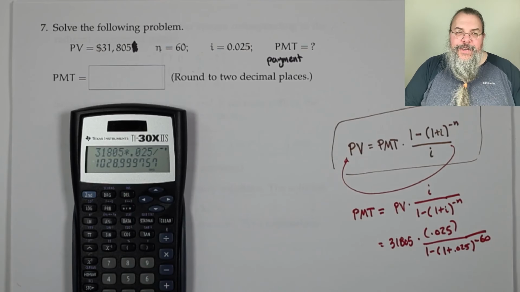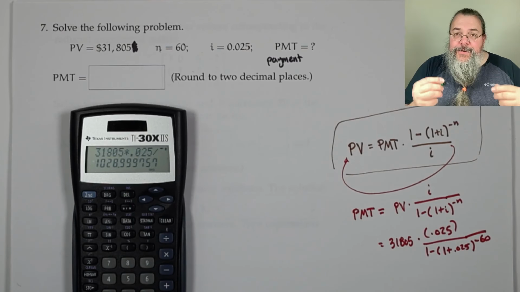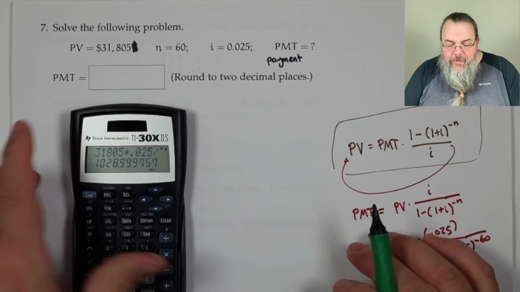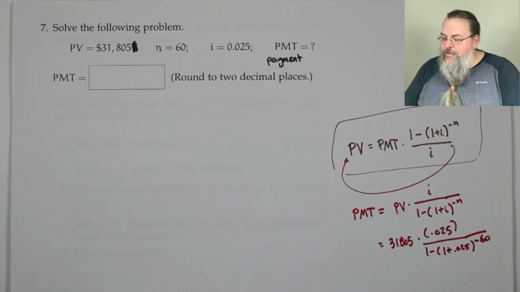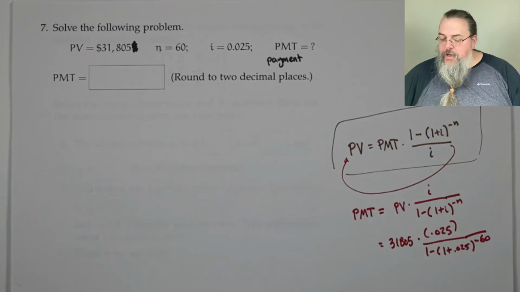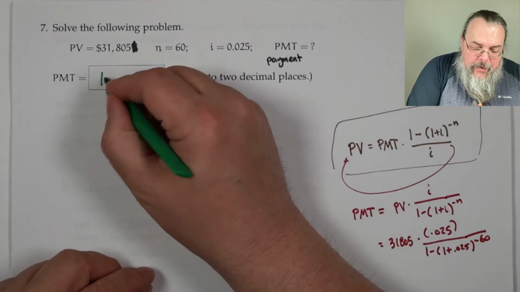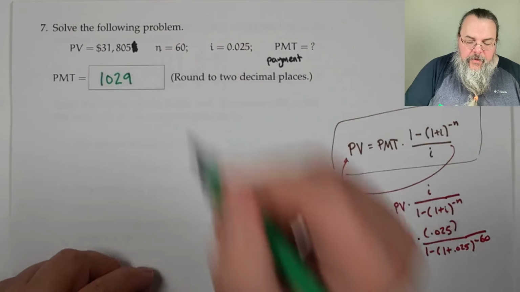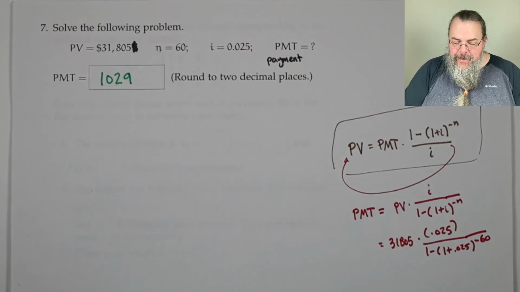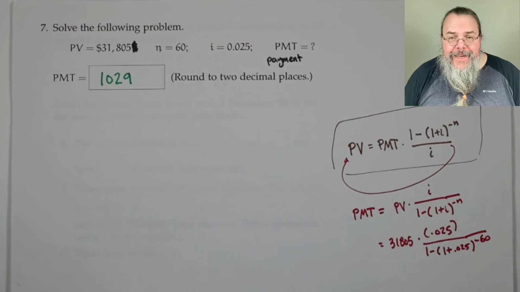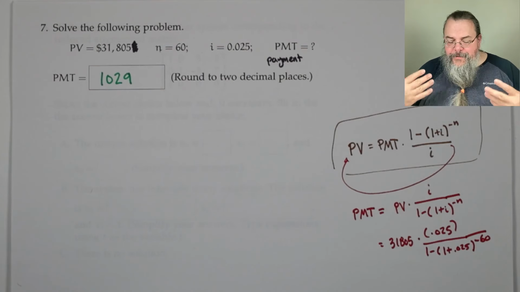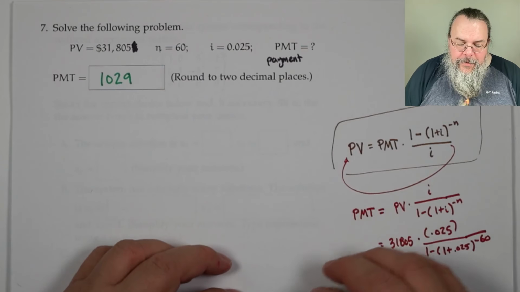Well, when you round to 2 decimal places, you're just going to round up to the nearest dollar. So our payment for this is going to be 1,029. That's it. Wow. Cool. It worked out, right? If you know the formula, it works out.